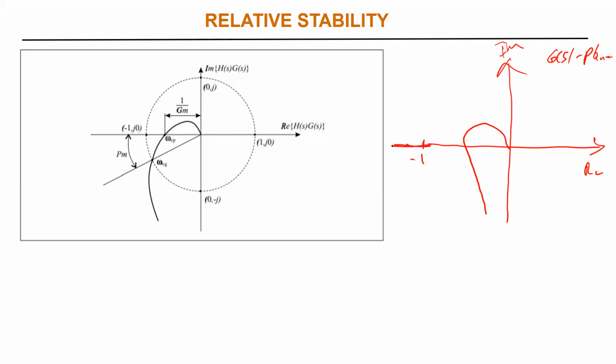This point is minus 1. To get the phase margin, look, for the gain margin, we set the phase equal to minus 180. And here, let me sketch.